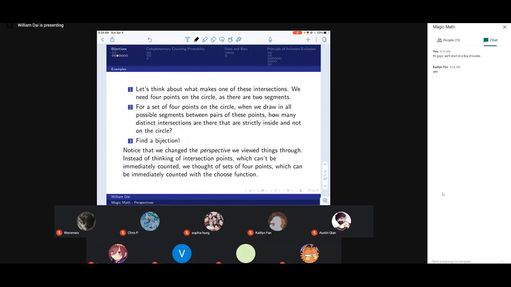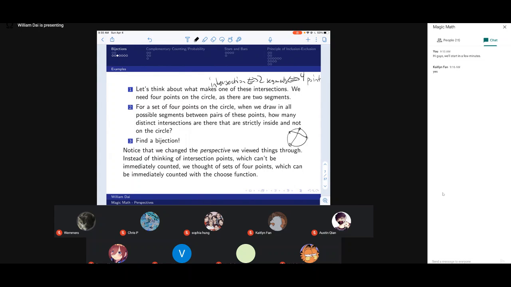An intersection point is the intersection of two segments, obviously. And what makes up these two segments? A segment's two endpoints. So an intersection is defined by its two segments, and each of those segments are defined by two endpoints. So we can think of an intersection as being defined by 4 points, the 4 endpoints.